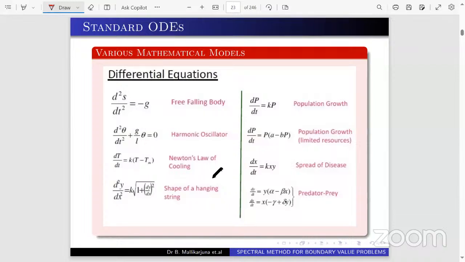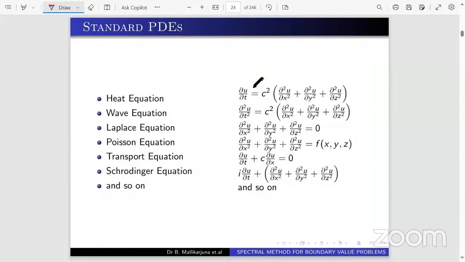You can see here first order, second order, linear, non-linear, simultaneous equations. So there are different types of differential equations, but conditions are not mentioned, because according to what parameters you would like to consider for the problem, the conditions can vary. That's why I didn't specify the conditions for these models.